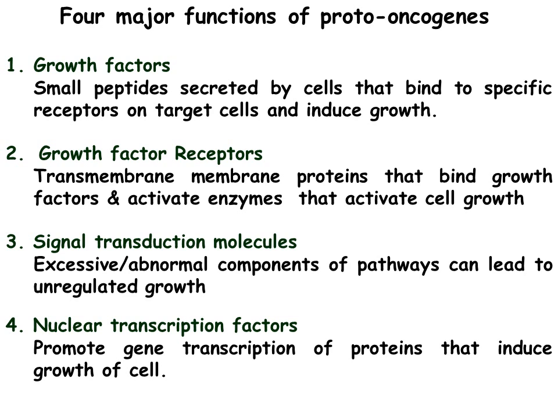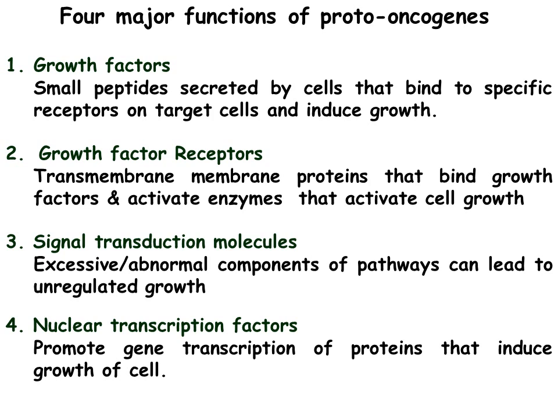And then, of course, in order for the cell to divide, it has to produce all the enzymes, etc., that are needed to go through each of the phases of the cell cycle. And in order to do that, you have to have the transcription factors that promote the production of those proteins that induce cell growth. So not surprisingly, a major function of a proto-oncogene is nuclear transcription factors.